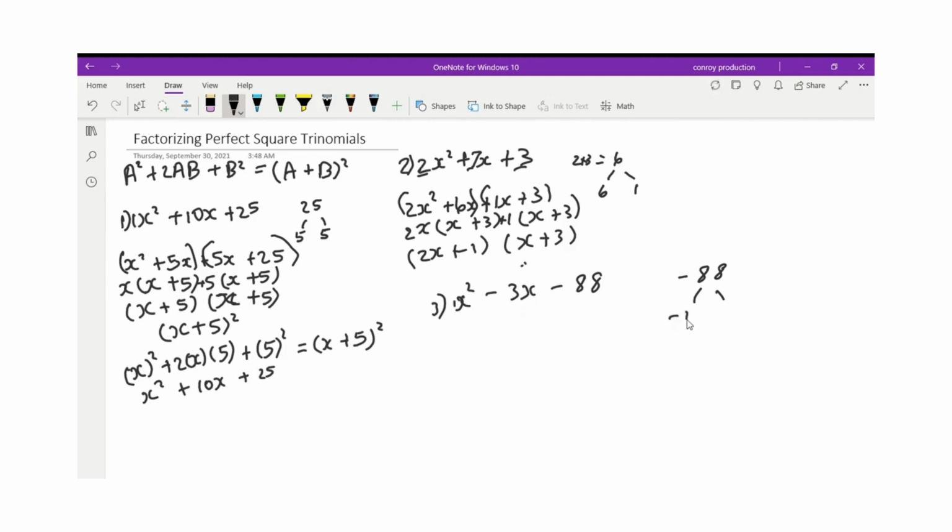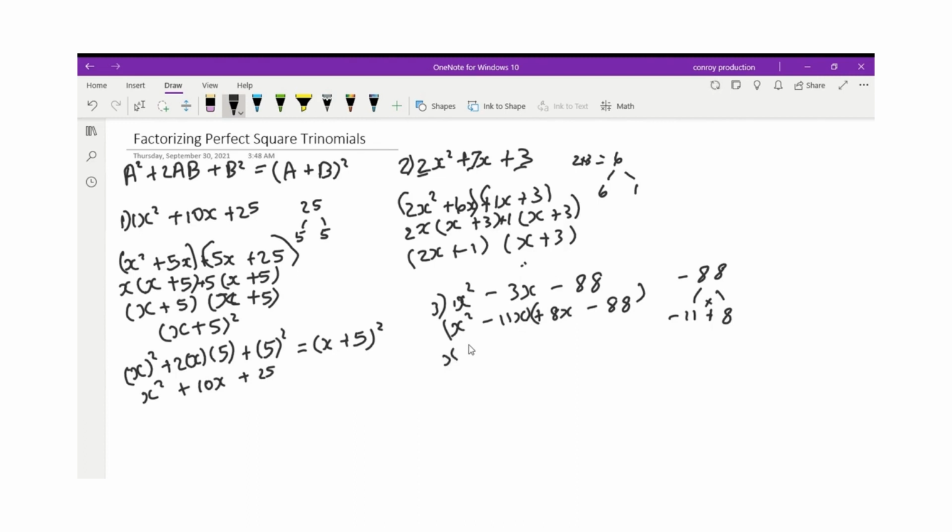Alright, so the answer is negative 11 and 8. We know that if we add negative 11 and 8, we get negative 3. If we multiply negative 11 and 8, we get negative 88. We're going to substitute our values: x squared minus 11x plus 8x minus 88. I can group them in pairs.